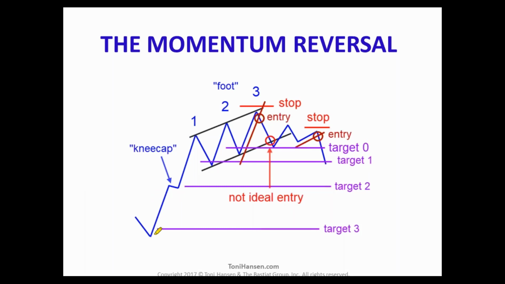So you will have your leg here. In this case, we're apparently lying on the ground and holding our leg up in the air, but that's the idea you want to go for. And midway, you're going to have a kneecap forming most of the time. So you're going to have some sort of pause that might only be a bar or two on whatever time frame you're looking at.